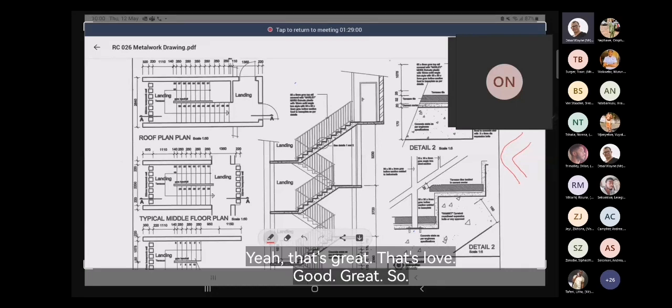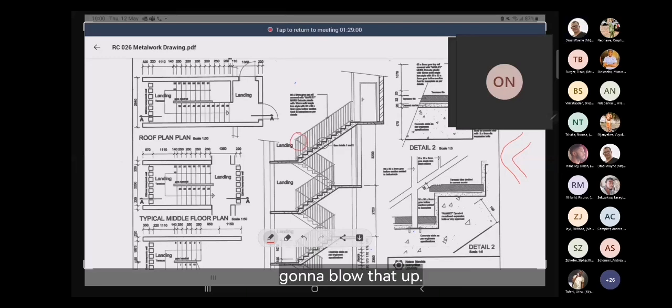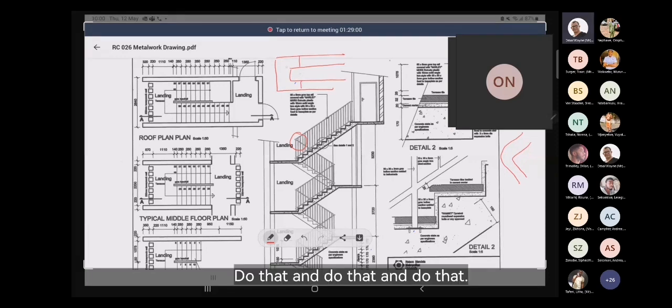So what it means is a knee is where we have a look, and I'm going to blow that up. You know what that means? This here would be my 50 by 6.